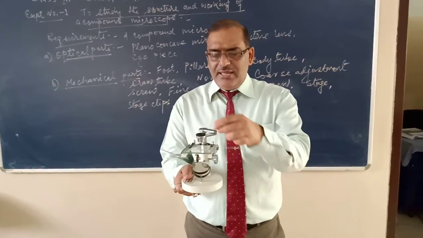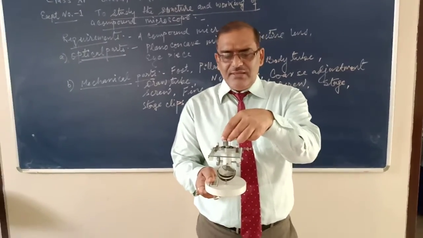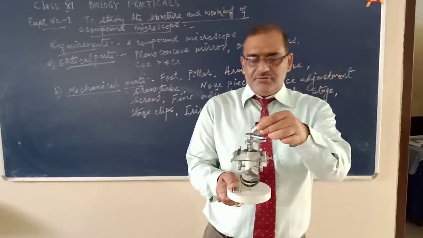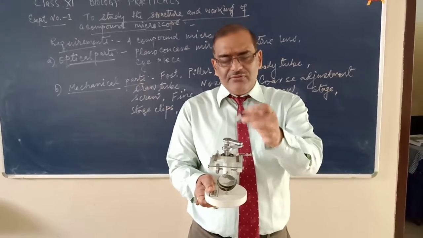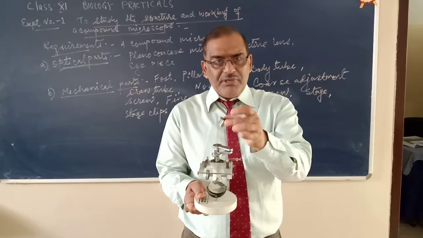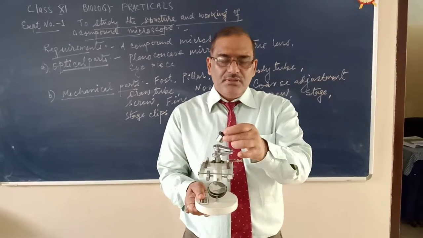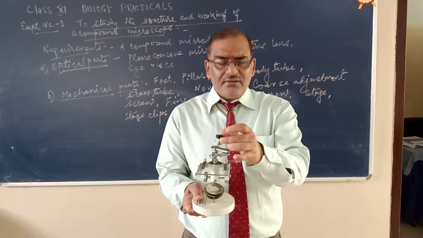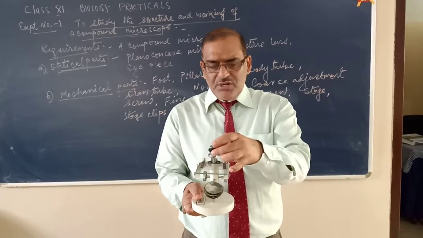Okay, now this is the lens. It uses only one lens. A simple microscope uses only one lens. This lens functions as eyepiece as well as objective. What is the objective?